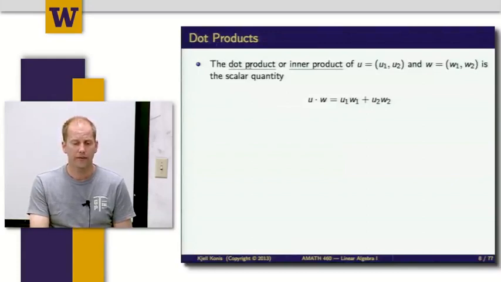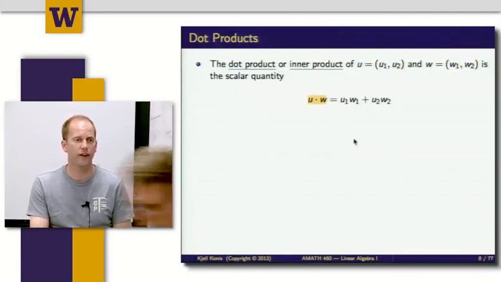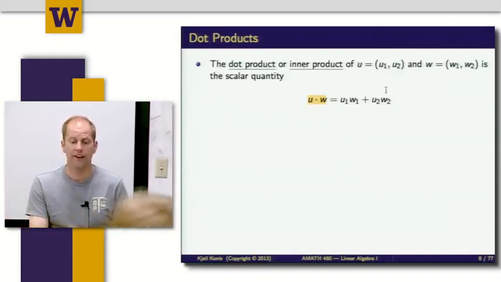We can also introduce a concept called the dot product or inner product, and this gives us some notion of how you could multiply 2 vectors together. If I have 2 vectors u and w that are length 2, the dot product is just going to be a scalar quantity. I'd read this left side as u dot w, and it's defined to be the product of the first components, plus the product of the second components.